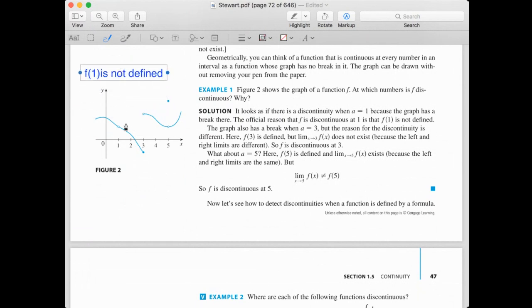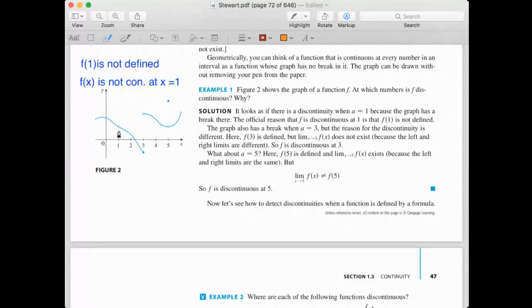So of course, the function is not continuous at x equals 1, because we don't see f of 1. That's the open circle.